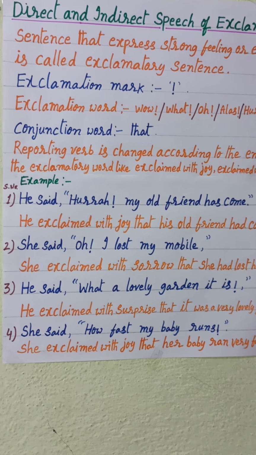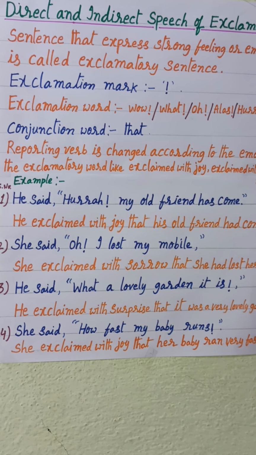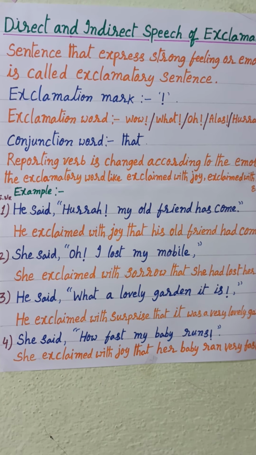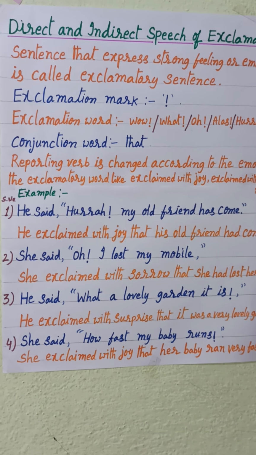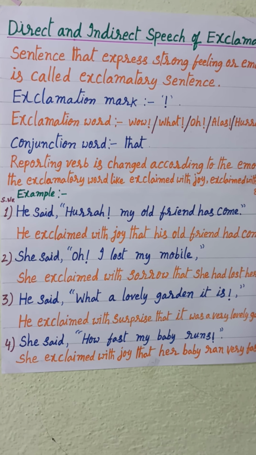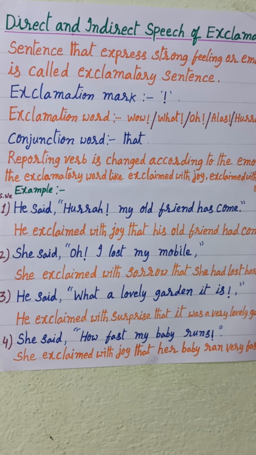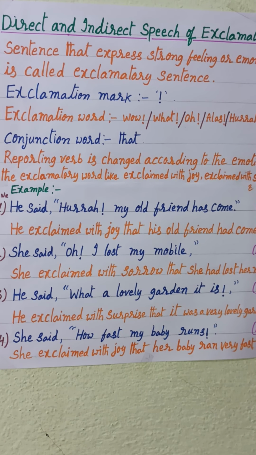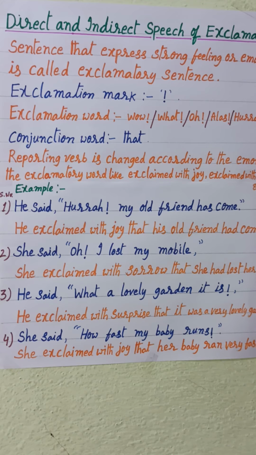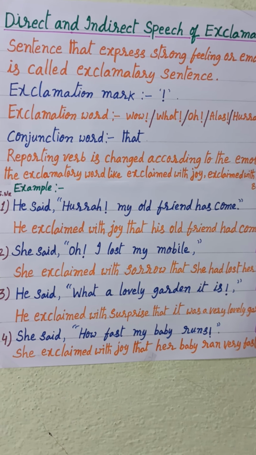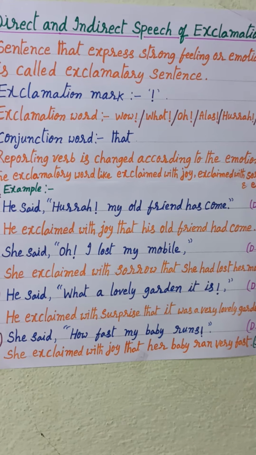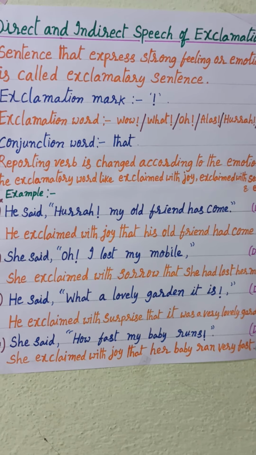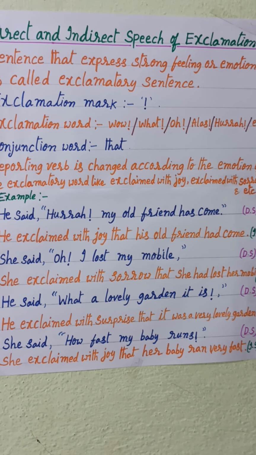A lovely garden it is is in the simple present, so it changes to simple past. That is, it was a very lovely garden. What in the direct speech becomes very in the indirect speech.